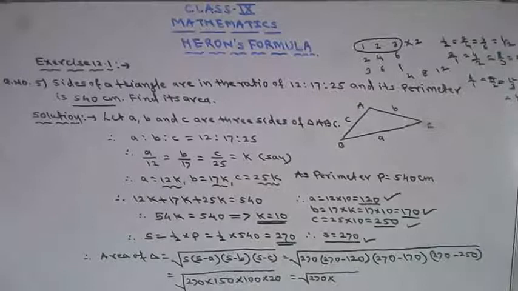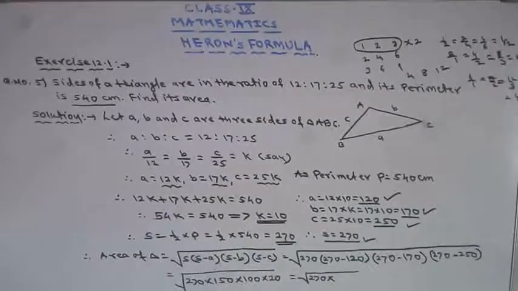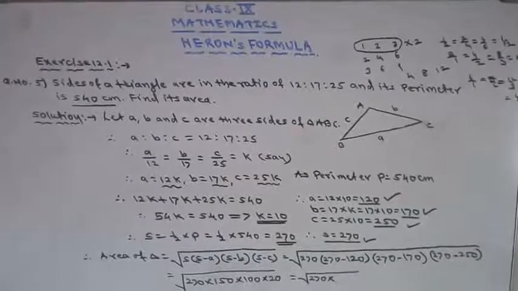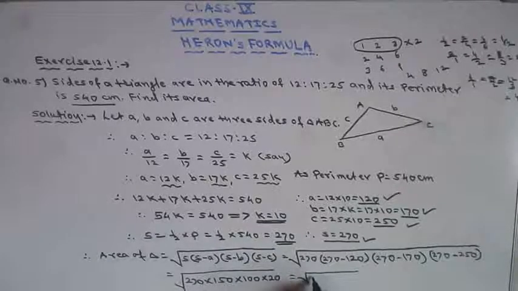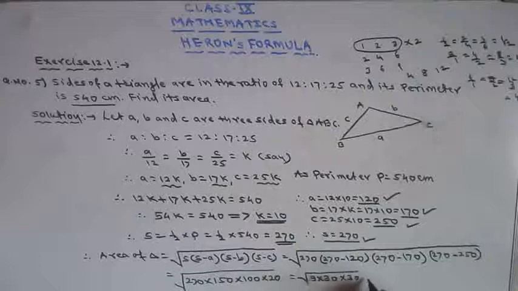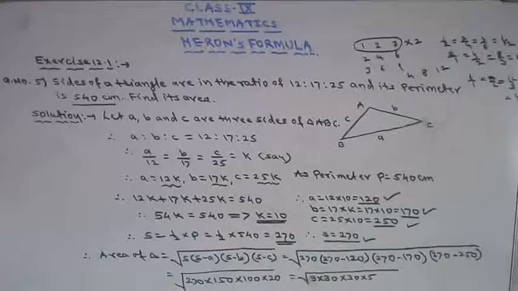Let us factorize these so that we can take numbers outside the square root. 270 is 9 into 30, 9 into 30, this is 30 into 5, 30 into 5, right? This is 150. The 100 means 10 into 10.